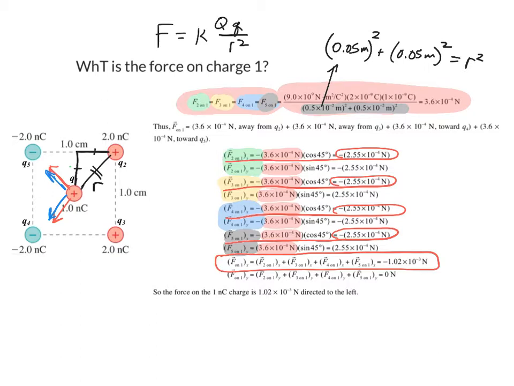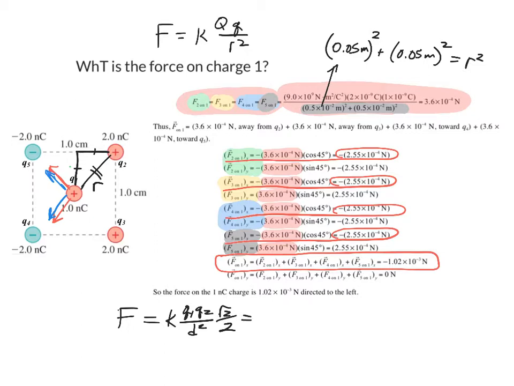would be the answer. And so we could have just started the problem, say, okay, well, the force is all going to be left. It's going to be K Q1 Q2 over 1 distance squared, and it really wouldn't matter, root 2 over 2.